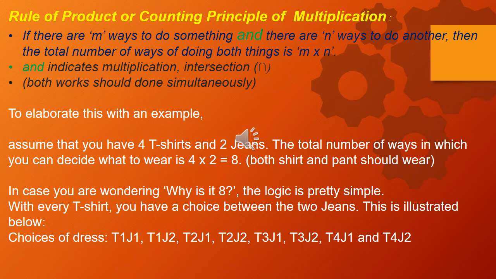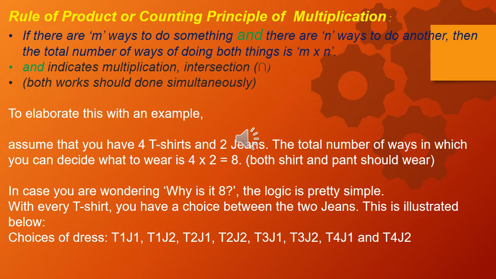Let's consider the previous example. Suppose there are m ways to do a work W1 and n ways to do another work W2. The total number of ways of doing both the works simultaneously is m into n.